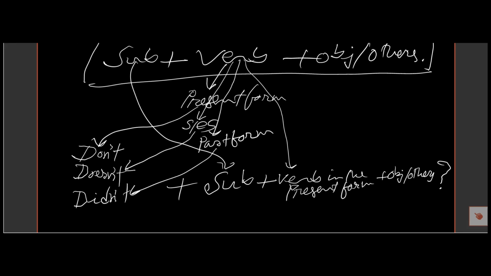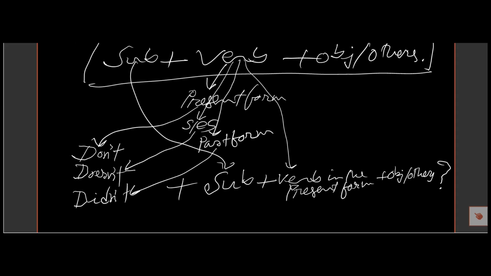I repeat, if the assertive sentence begins with subject, then verb, then object or others, and the verb is in the present form, in the interrogative sentence we must begin with don't. If there is s or es in the verb, we must use doesn't.